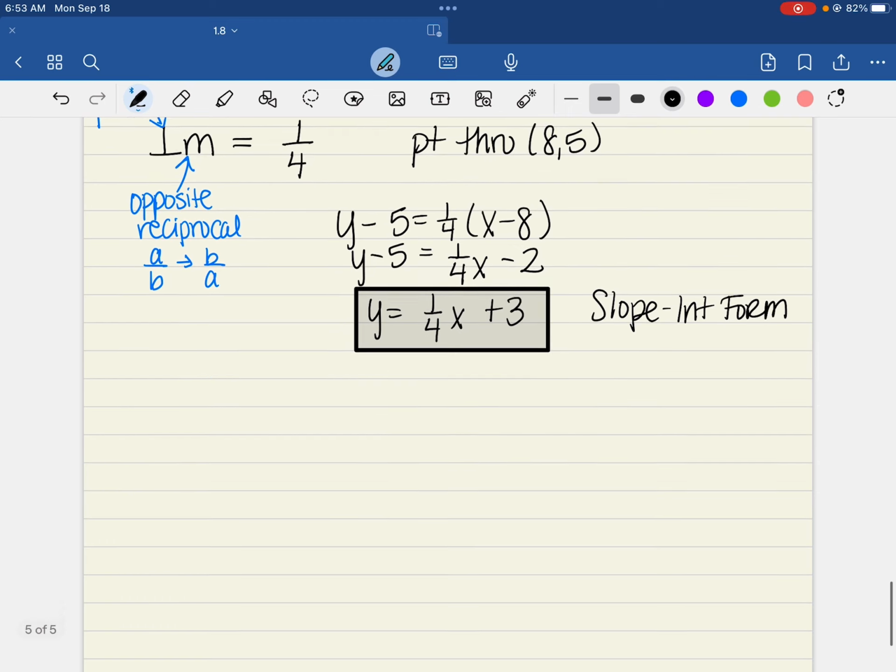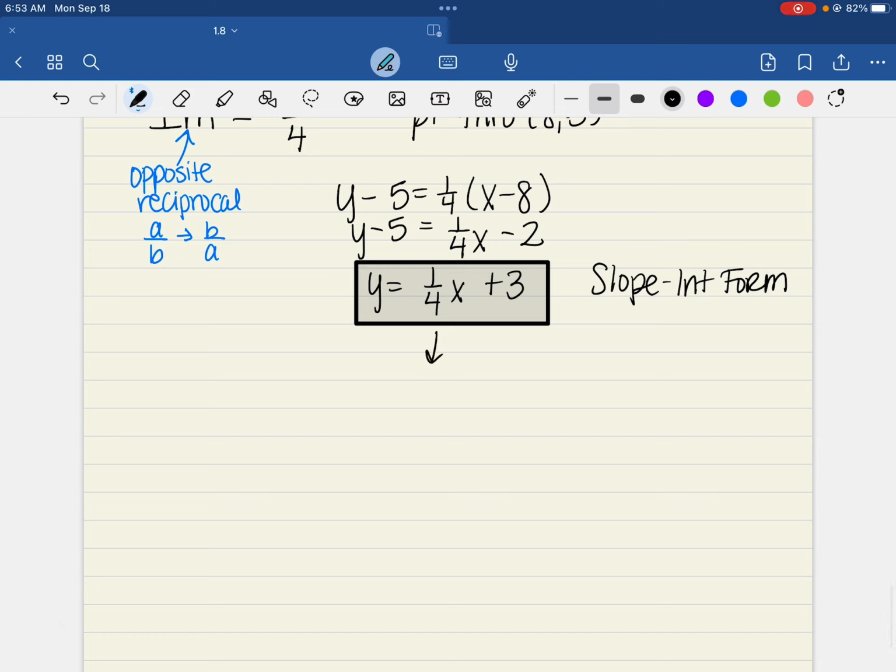From here, we're going to have to move on to get into IB standard. So the first thing I'm going to do is move my y term to the right. However, I still have a fraction, so in this scenario I'm going to have to multiply by 4 on both sides. Now remember, you have to write that you're multiplying on both sides. You can't multiply over an equal sign in that scenario.